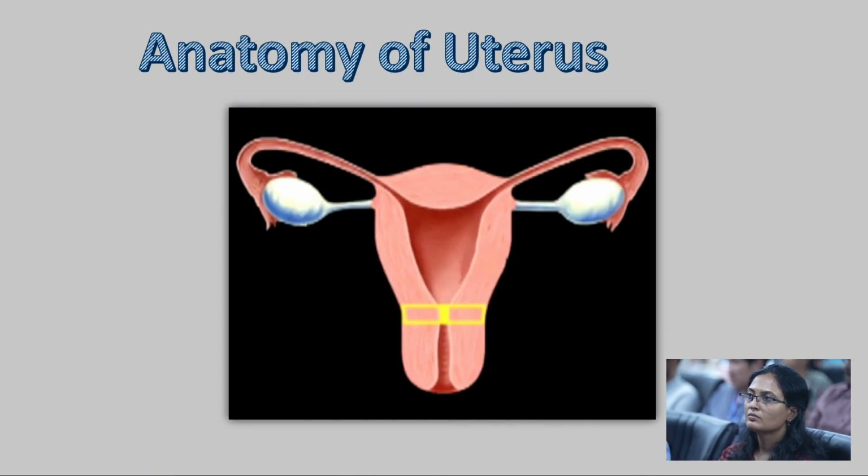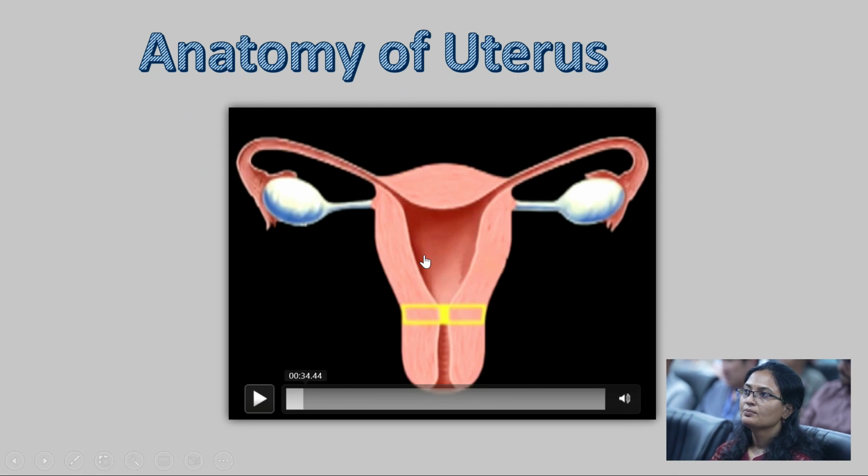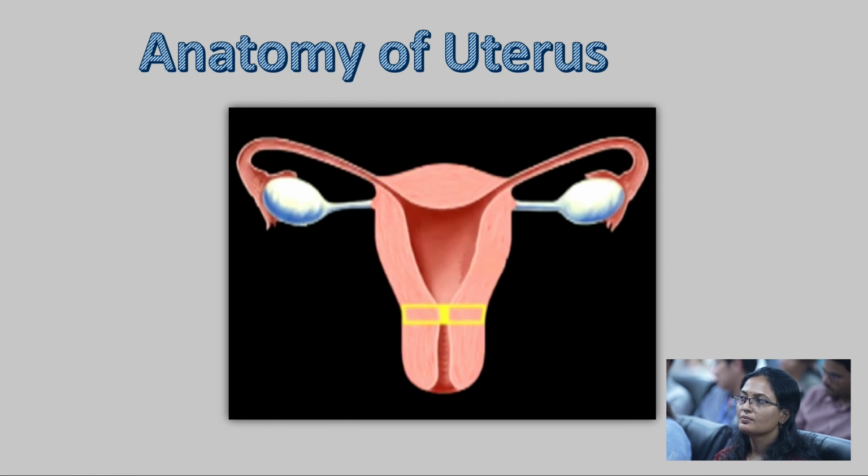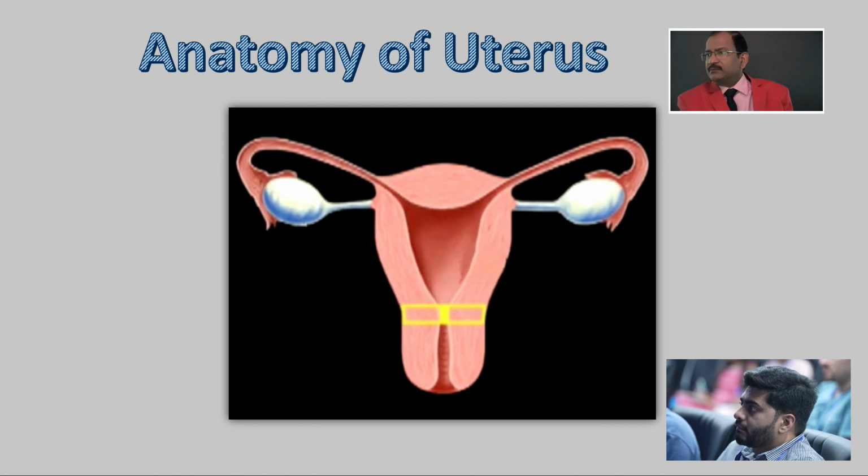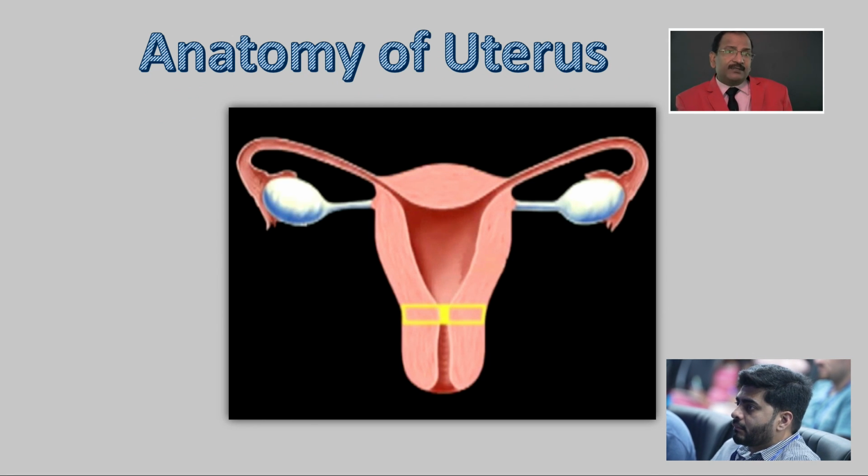So, when you are putting this telescope, you will see wall, you will not see black hole. That is why it is better to use 0-degree. And after entering inside, keep the sheath there and change this 0-degree to 30-degree.